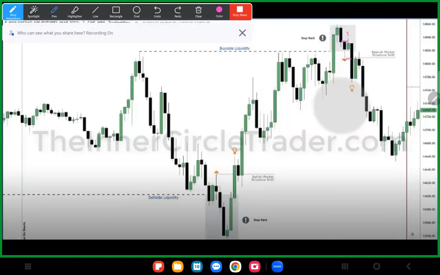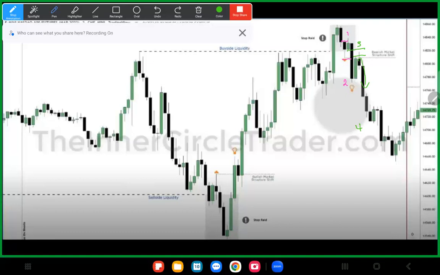So that's phase 1, that's phase 2, and then we see an imbalance over here, and then price comes back up within that level and gives us phase 3, and then from there, we redeliver lower, and that gives us our phase 4, right?